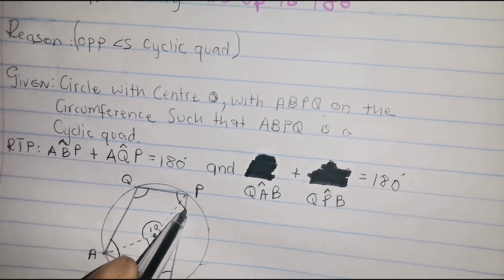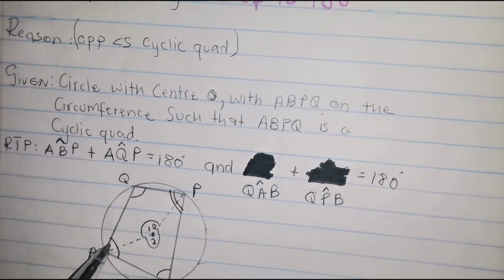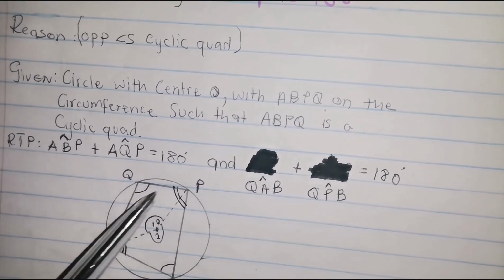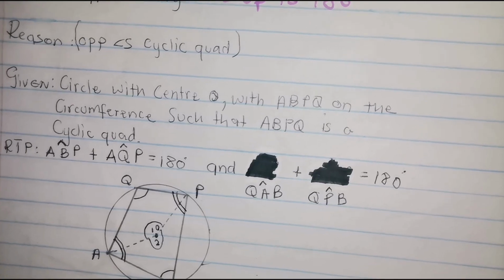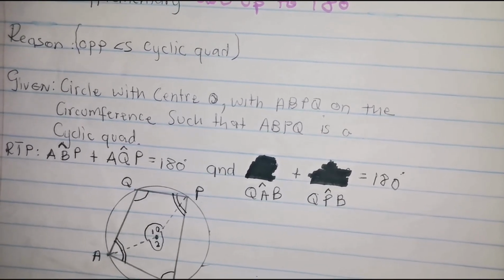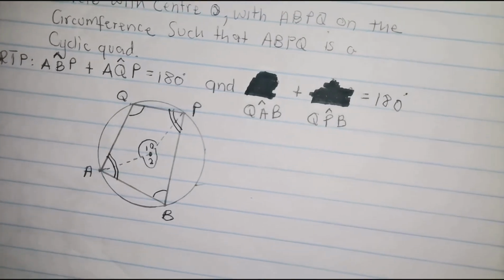So you need to prove that the opposite angles add up to 180 degrees. After you've proven that, this quadrilateral is a cyclic quad. So simple, guys. Yes, let us prove.